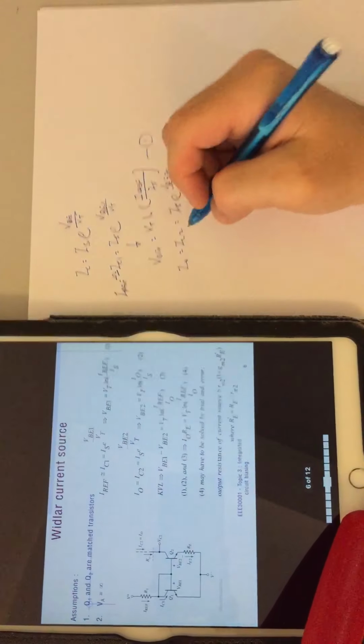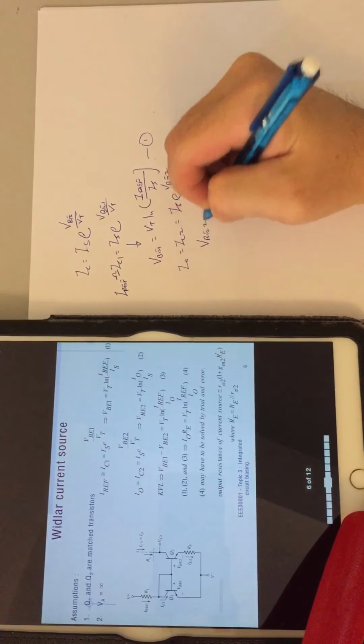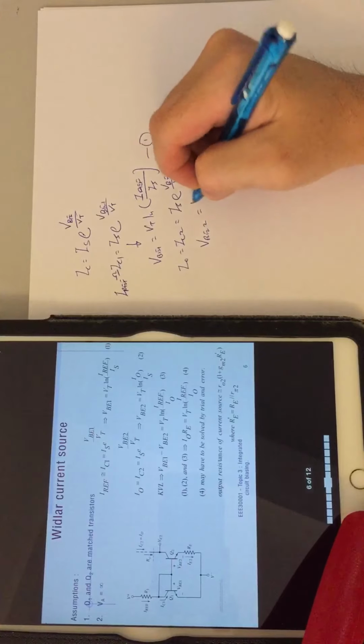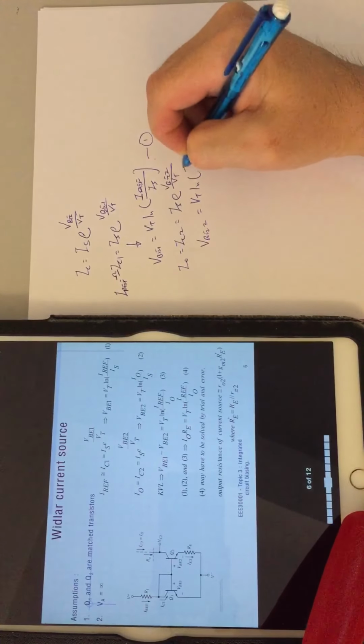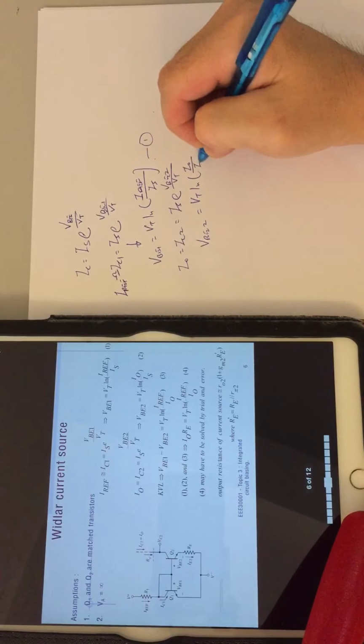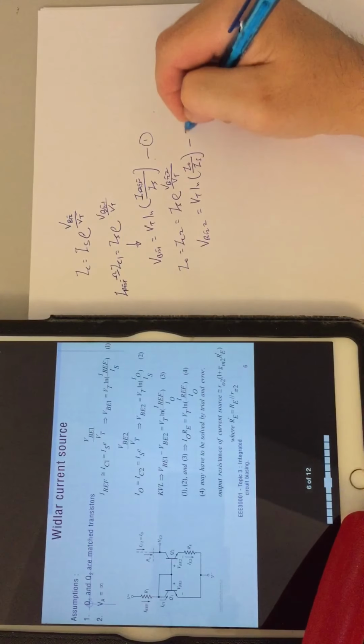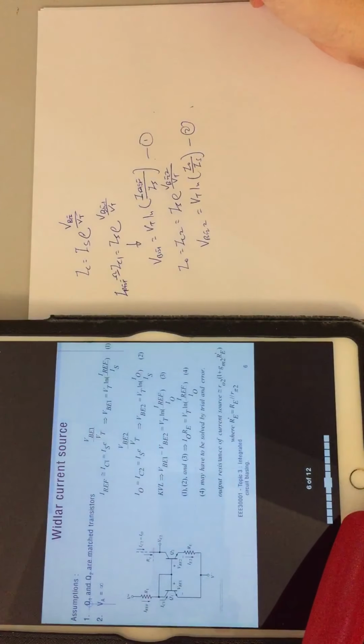Similarly, we get the expression for VBE2 equals VT ln of IO, which is IC2, over IS. That is equation number 2.